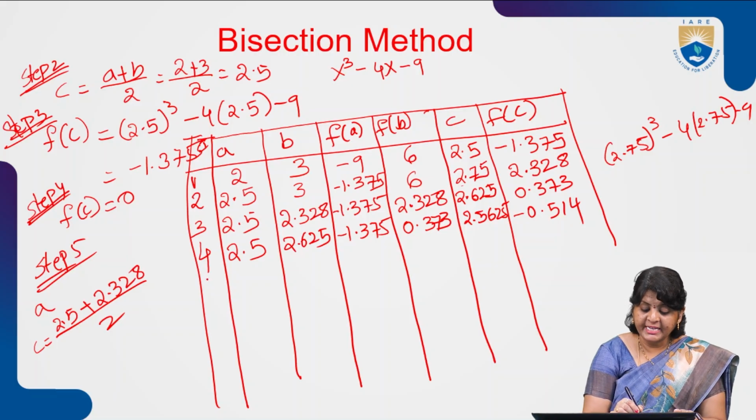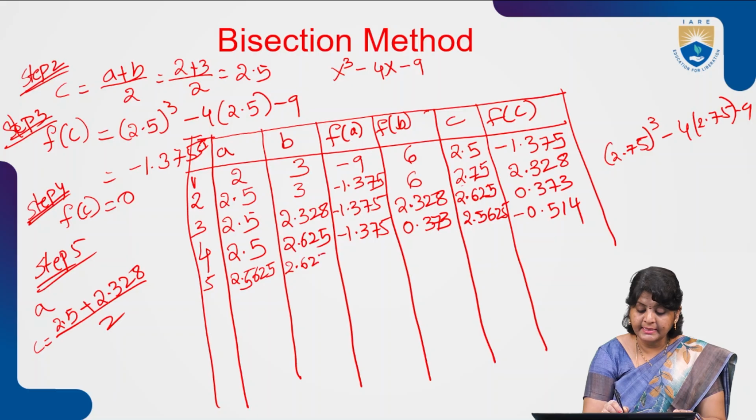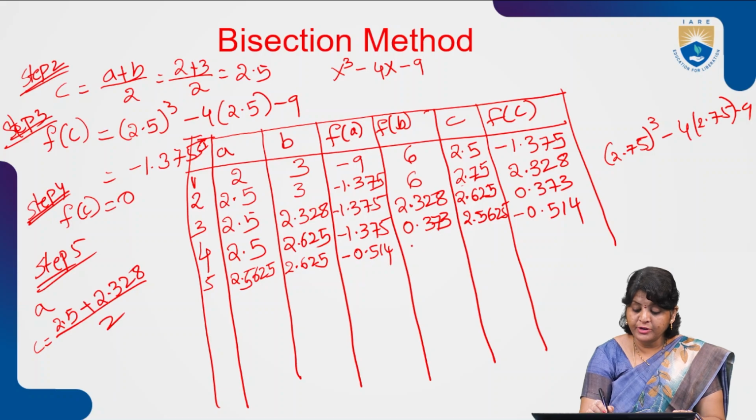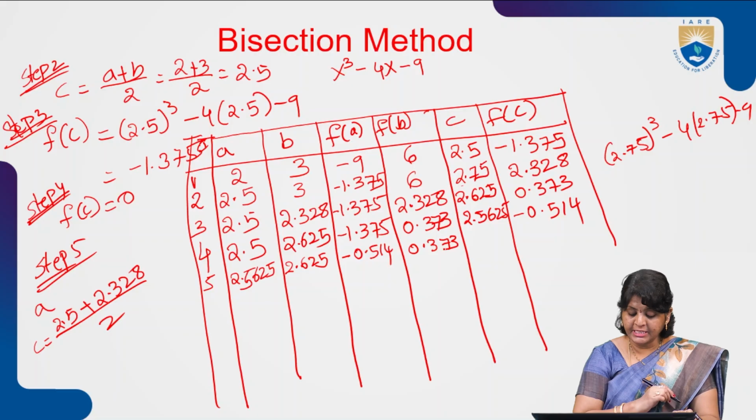So now we need to change the A value to 2.5625, and the B value same as it is. f of A will be minus 0.514. f of B value is the same. And in the fifth iteration, the C value is 2.5938, and f of C value is minus 0.071.